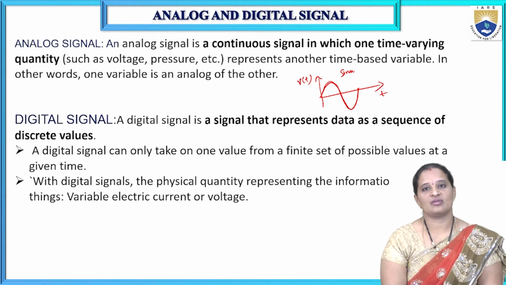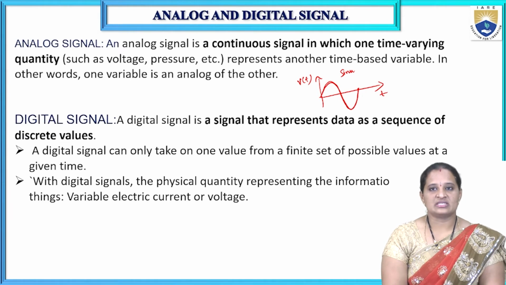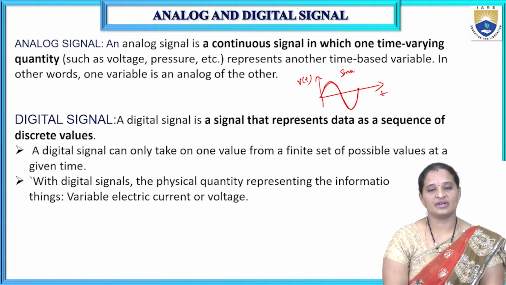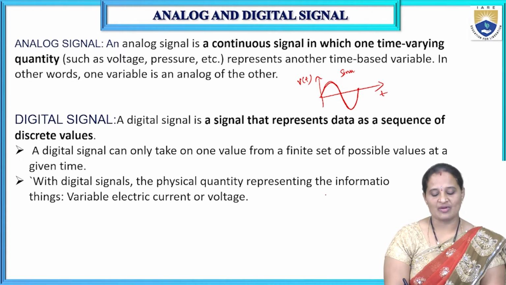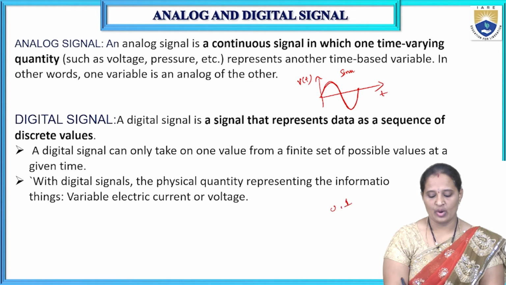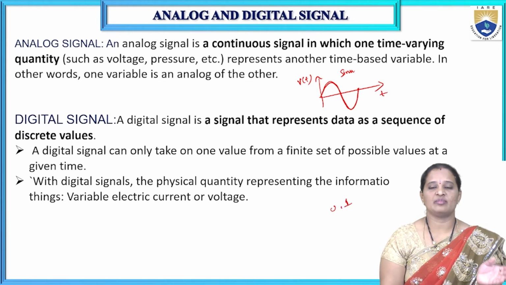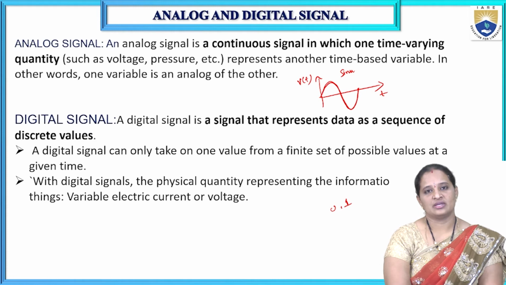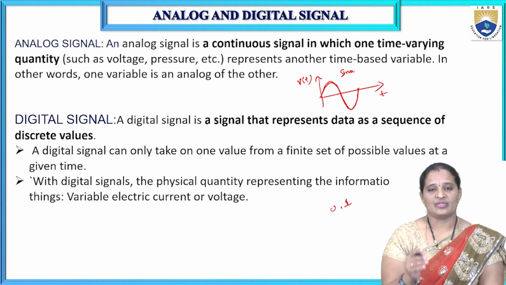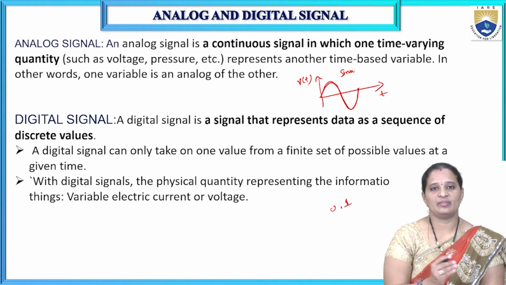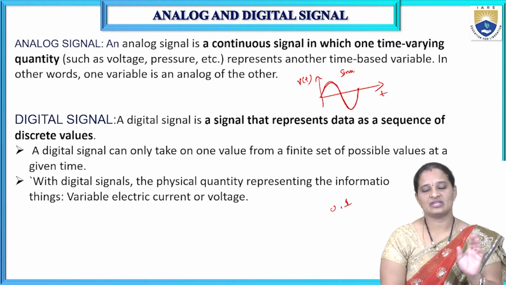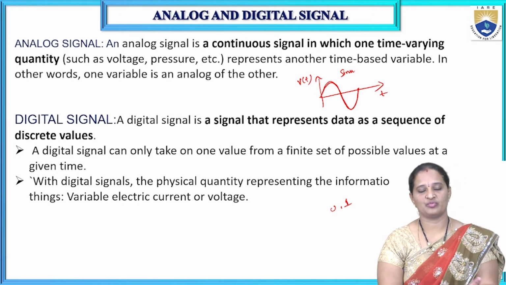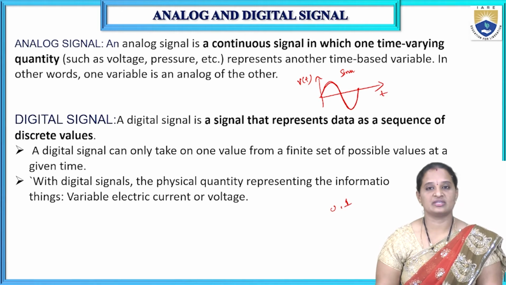Coming to the digital signal. What is a digital signal? A digital signal is a signal that represents data as a sequence of discrete values. Majorly the discrete values are 0 and 1. That means the data will be varying as a sequence of zeros and ones. In this case, the time period as well as the amplitude will be discrete in nature, whereas in an analog signal, the time period and amplitude both are continuous in nature.